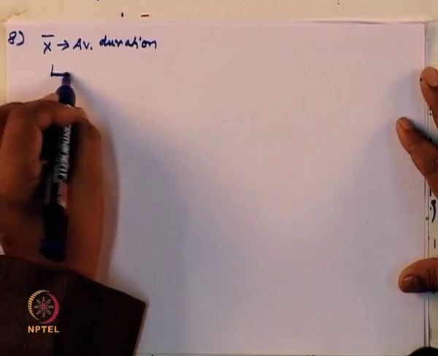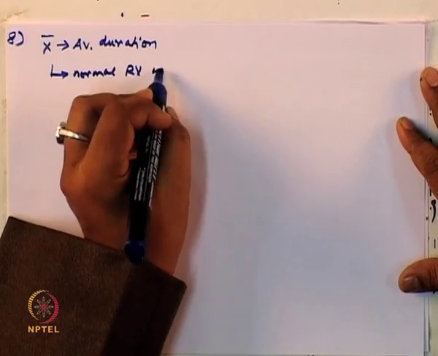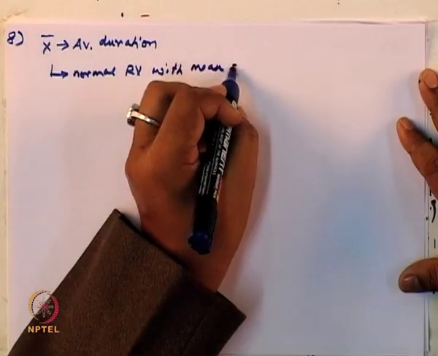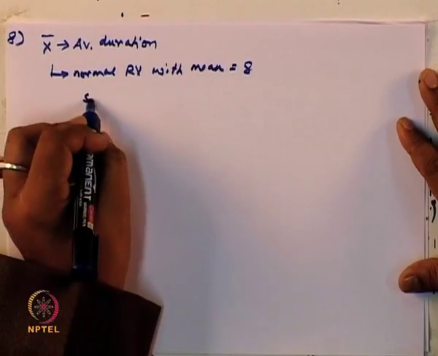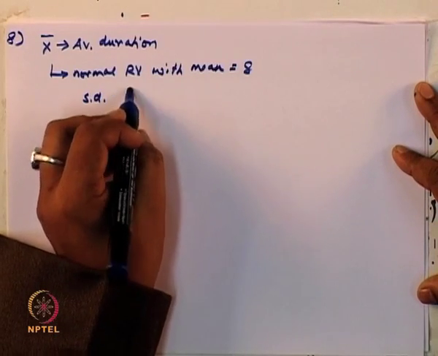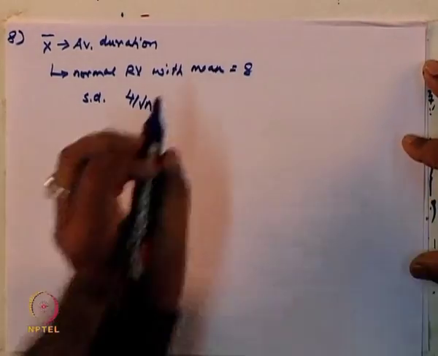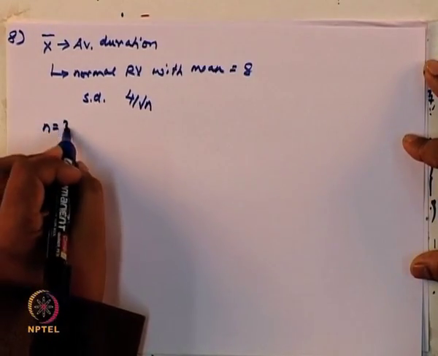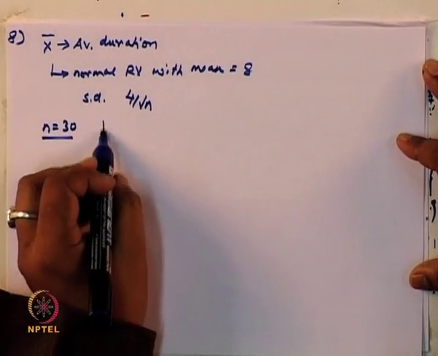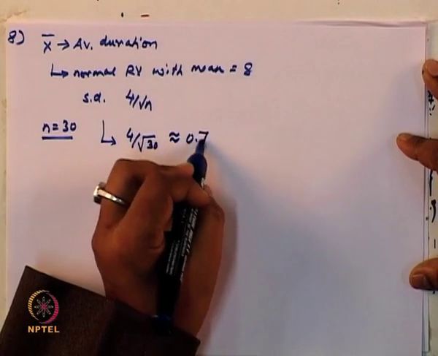So, x bar will be a normal random variable with mean equal to 8 and standard deviation equal to 4 by root n. In our case n equals 30, because 30 medical records are chosen. For this, your standard deviation comes to 4 by root of 30, which is approximately 0.73.